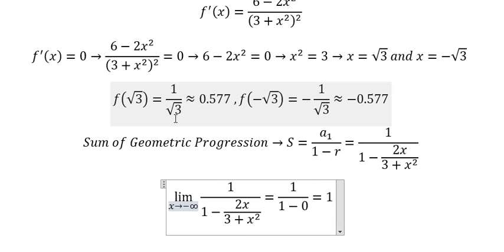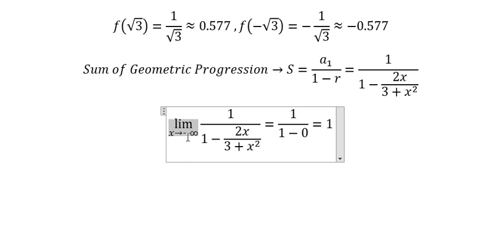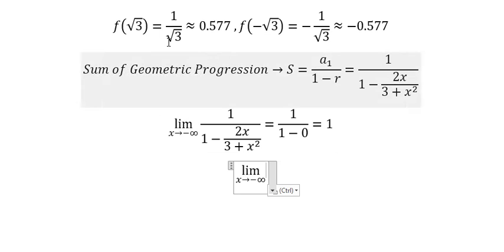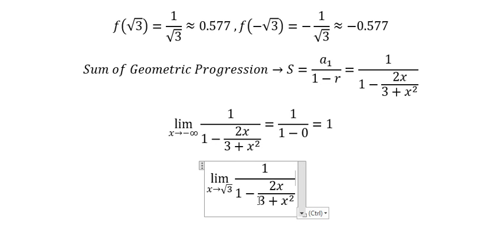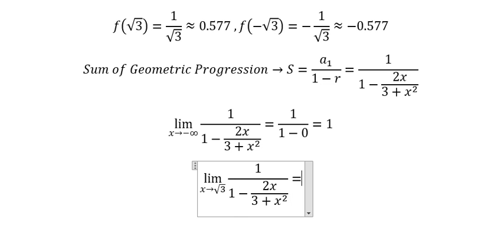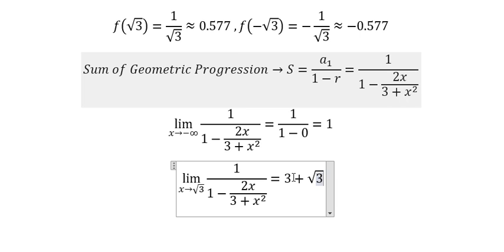And now when we go to the square root of 3, that is the critical point of the function in here. So we have the next limit. So we put the square root of 3 in here and here. So we have 3 plus the square root of 3 over 2.